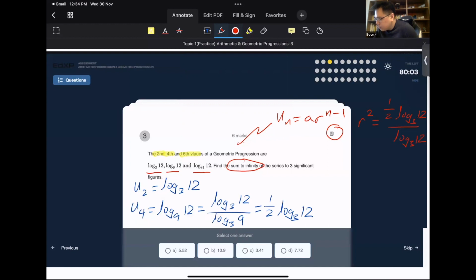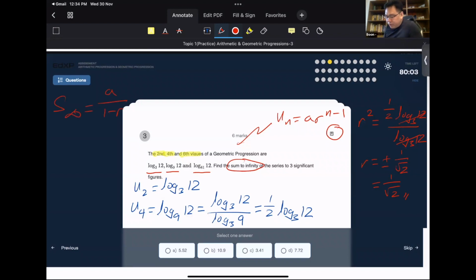We can see that the two terms cancel out here, which means that r is plus or minus 1 over square root 2. Looking at the answers over here in the MCQ, we can see they're all positive. So we can probably say that r is the positive common ratio because there are no negative numbers in the answers. To find the sum to infinity, it's a over 1 minus r.